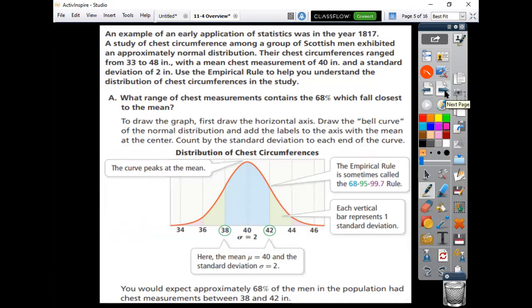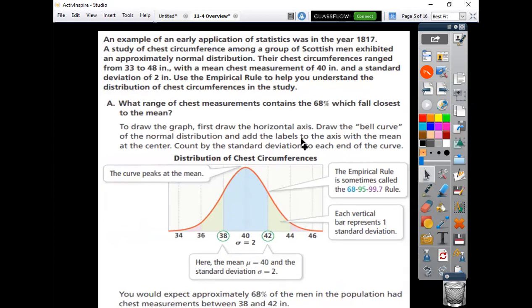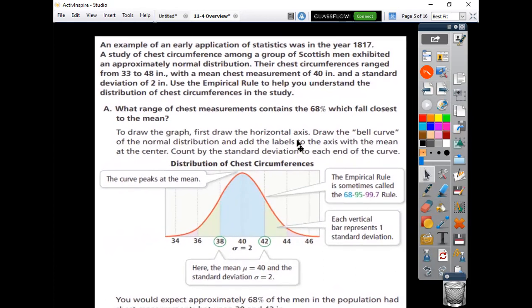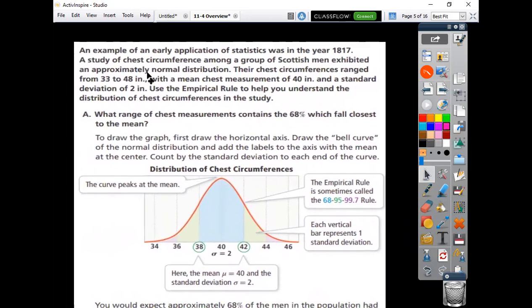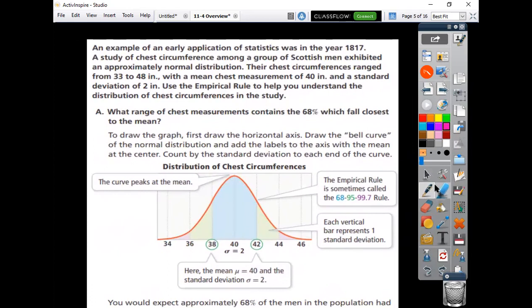So if they gave you a problem like this, where they talk about in 1817, they took the chest circumference of some Scottish men. Their range was 33 to 48.